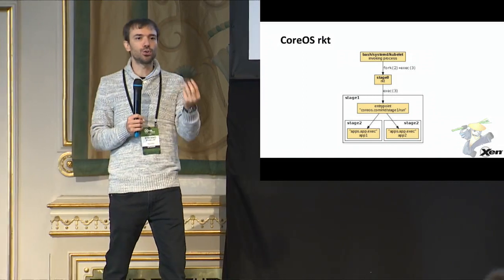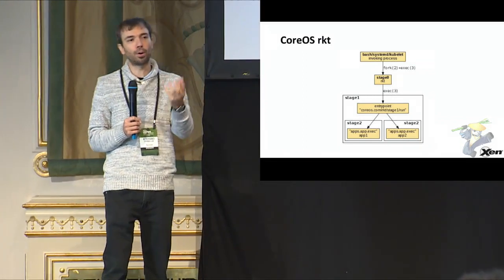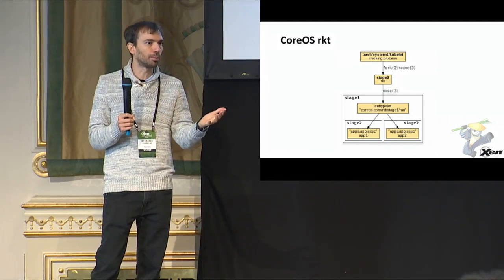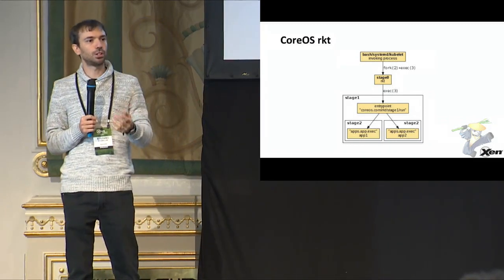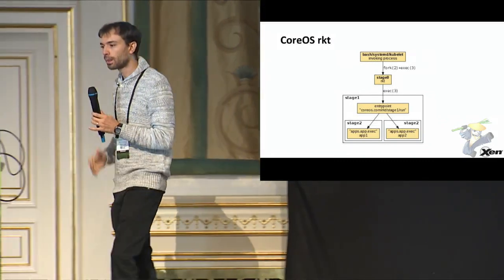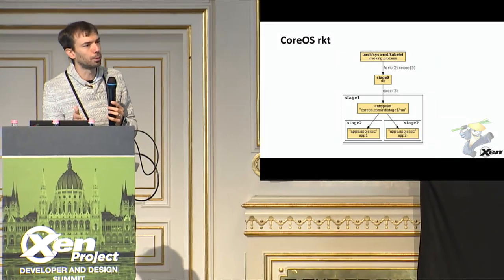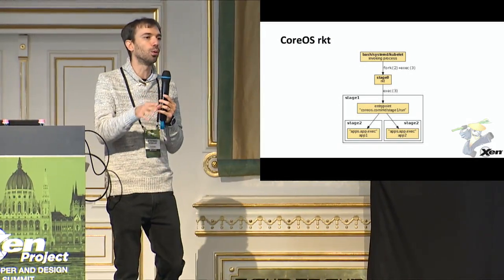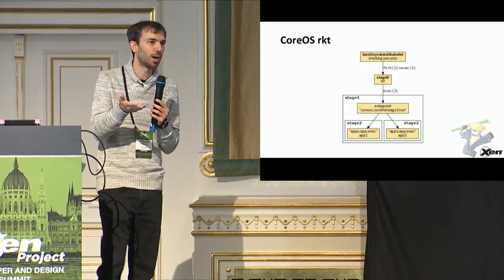Rocket asks stage 1 to create an execution environment for a pod, and then stage 1 creates one execution environment and runs the 2 cloud-native apps for the pod inside this environment. But for the rest of this talk, let's just assume that one pod equals one container or one cloud-native app, basically.